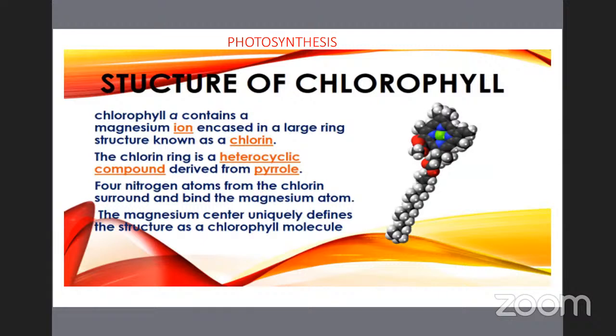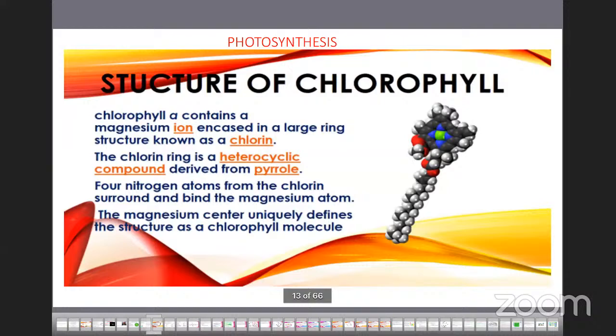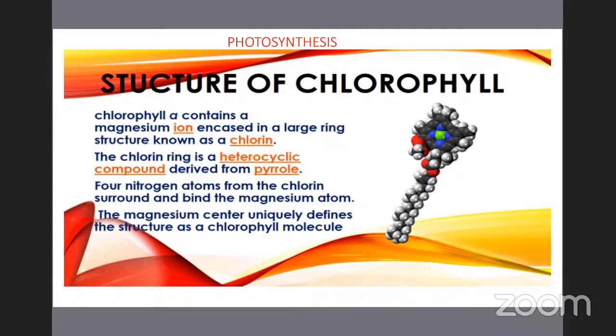Here, chlorophyll A. In chlorophyll also there are so many varieties: chlorophyll A, B, C, D, E, like that. There are 7 types of chlorophylls, and other than chlorophyll, other pigments are also there. Now we are going to discuss chlorophyll A. This chlorophyll A contains centrally located magnesium.